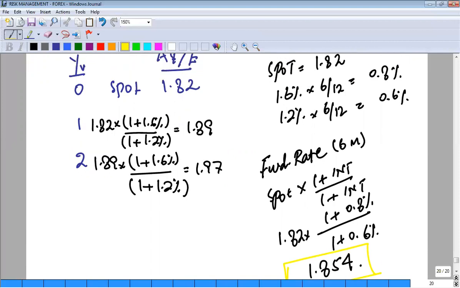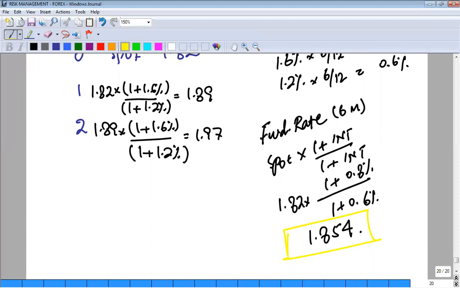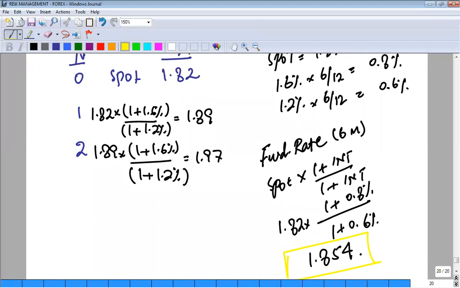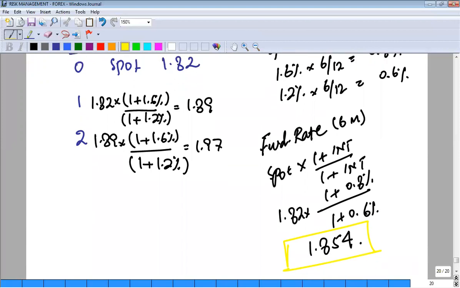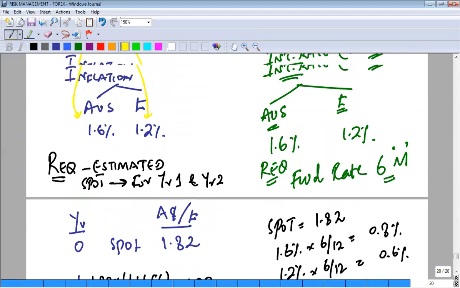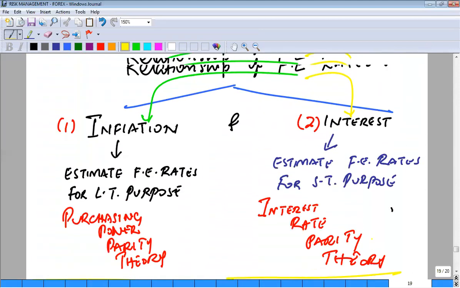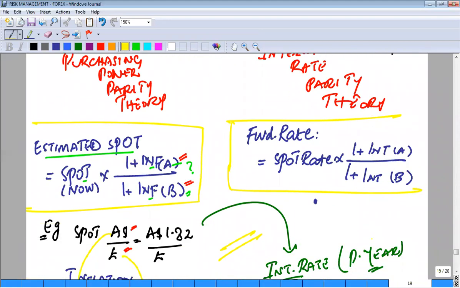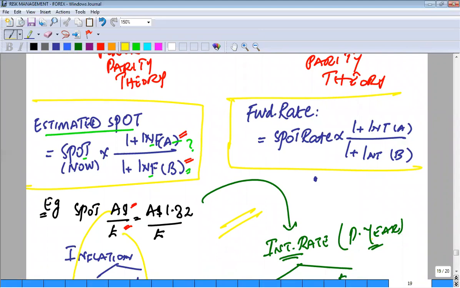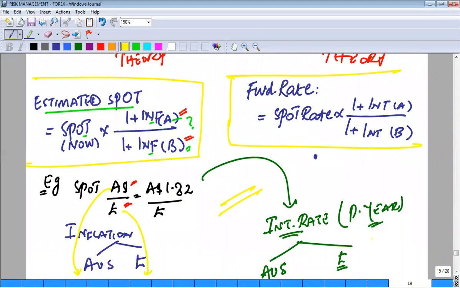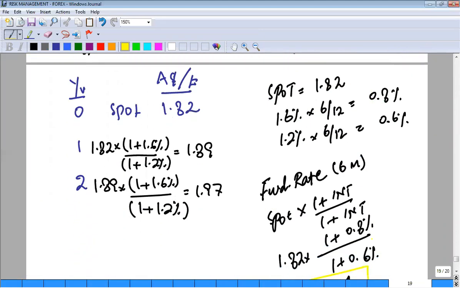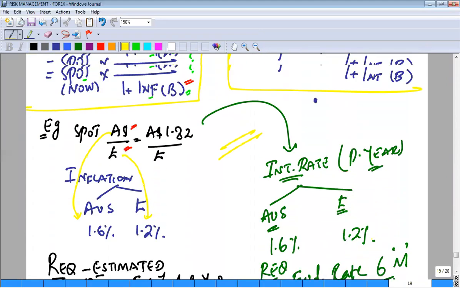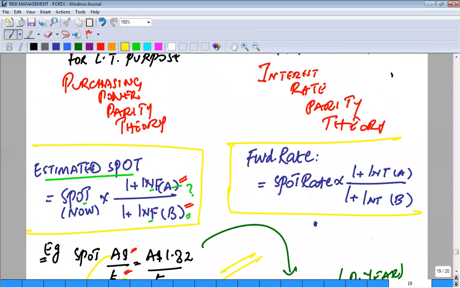That is the point, the 6 months interest. If the examiner asks you the theoretical point, the relationship, you can do this. If the examiner asks about the forward rate, short term, use interest rate parity. Long term, purchasing power parity theory. Mathematically like this.